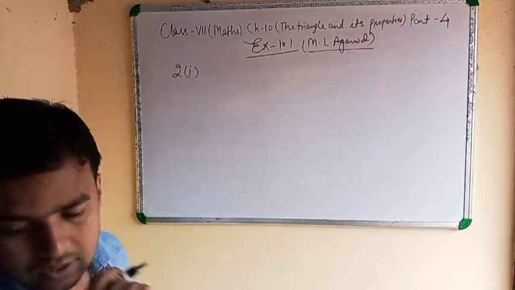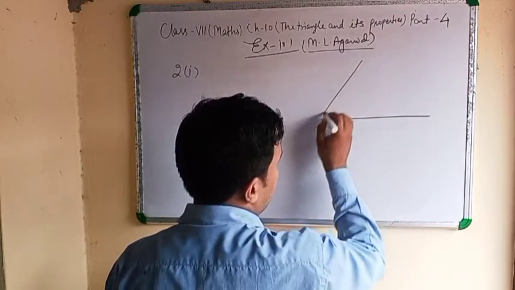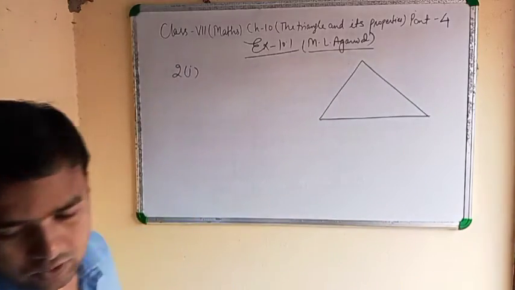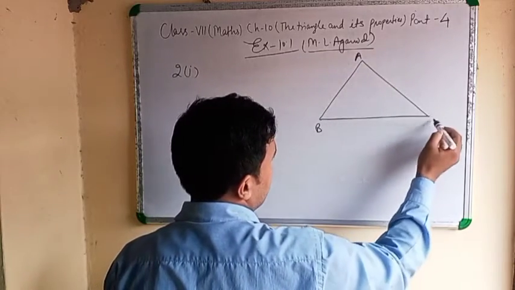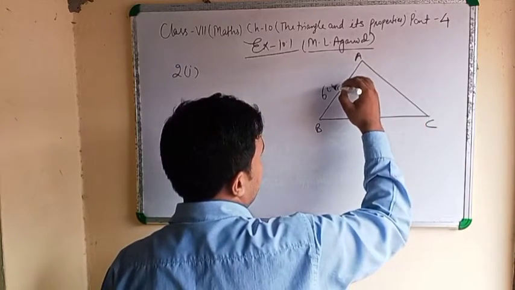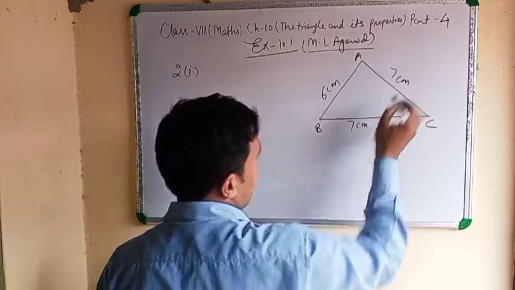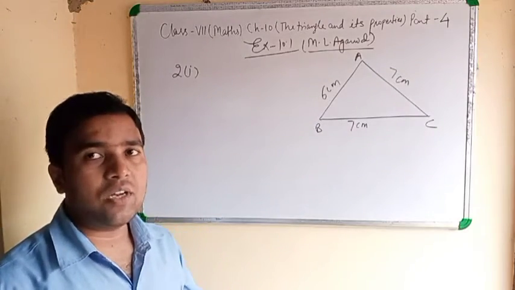Second, first is given one triangle, triangle ABC. It is 6 centimeter, it is 7 centimeter, it is 7 centimeter. I told you in the first part the types of triangle.